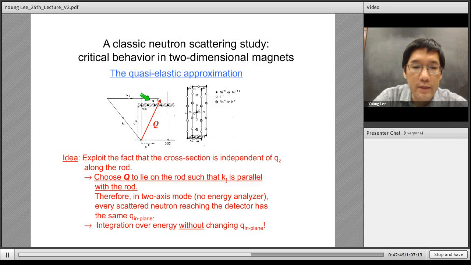With that choice, if you look at the scattering triangle, KF turns out to be parallel with this rod direction. And that is a very nice choice.